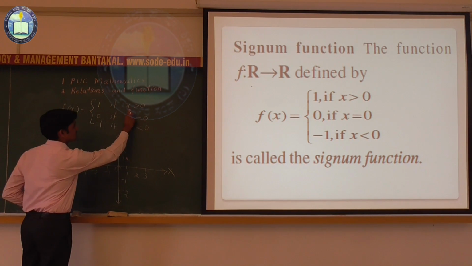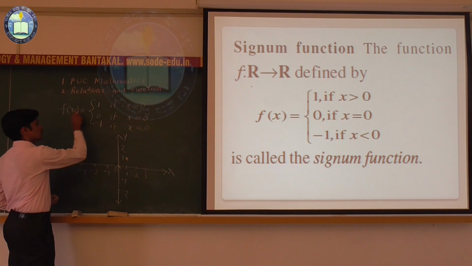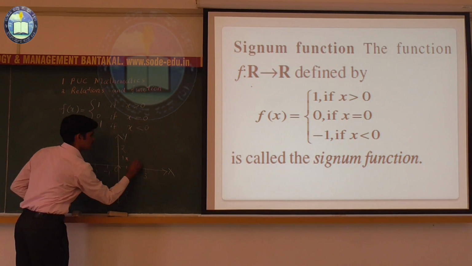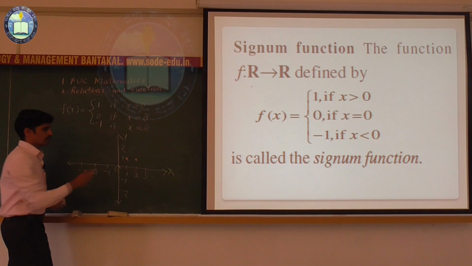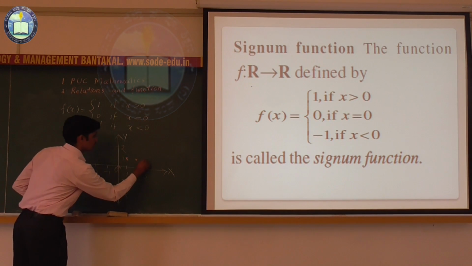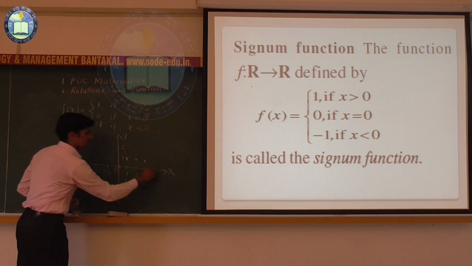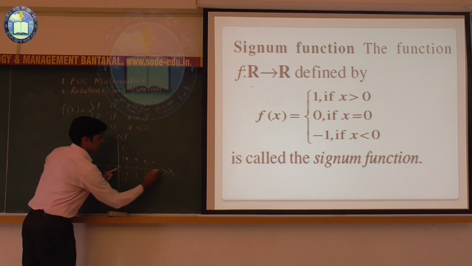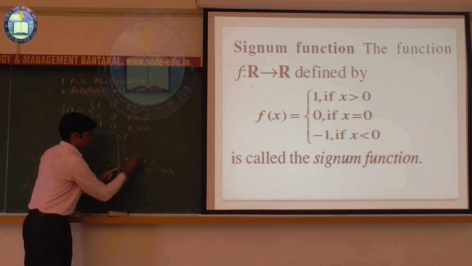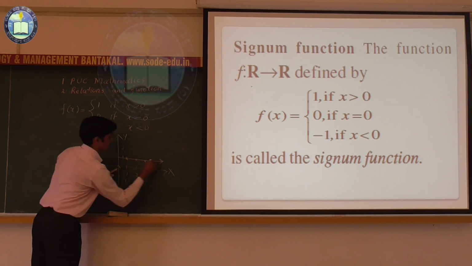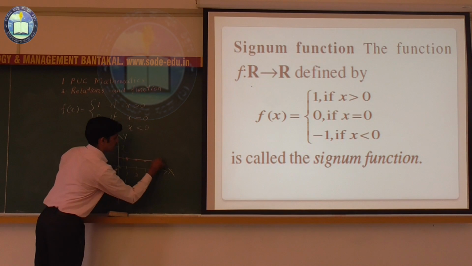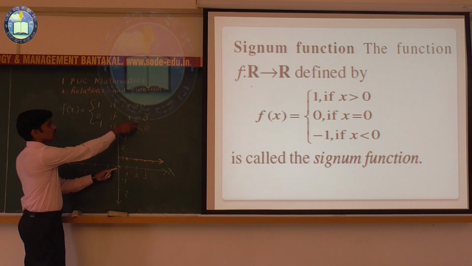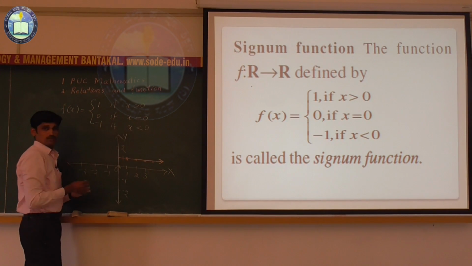When we give x is equal to 2, f of 2 is also equal to 1. When we give x equal to 3, f of 3 is also equal to 1. When we give x equal to 4, f of 4 is also equal to 1. So for all x greater than 0, this is a constant function like this. But when x equal to 0, its value is 0, not 1.